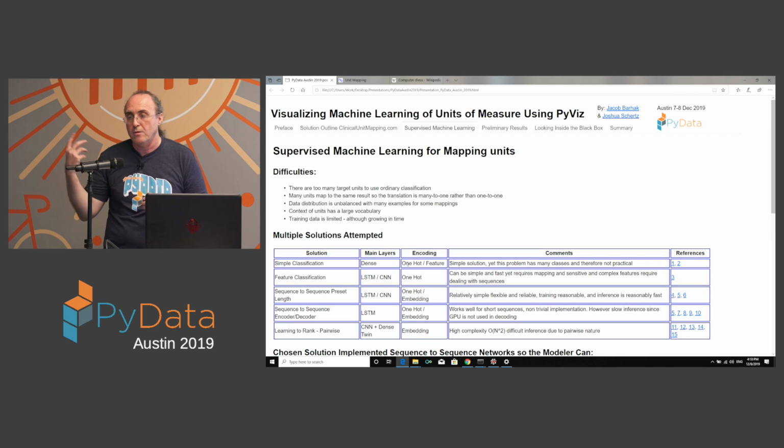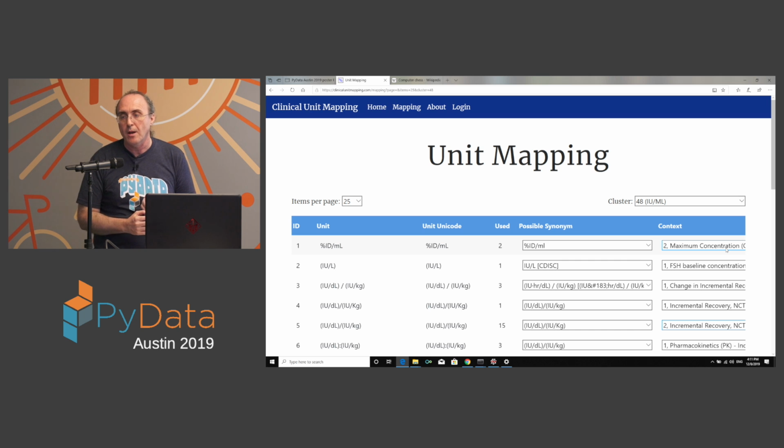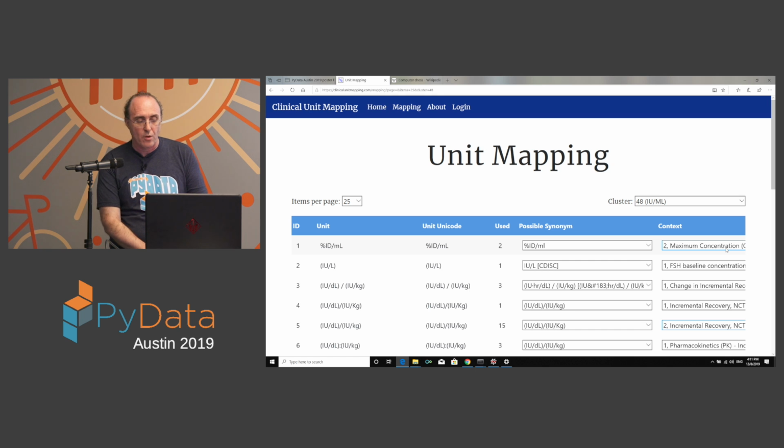You've seen it before at the clinical trial. It actually shows the context of a unit. So for example, percent, actually I'll show you. This unit is associated with maximum concentration. So this is another source of information that we can ingest into the system to help it figure out what the unit is. Not only what is written, but also what is the context.